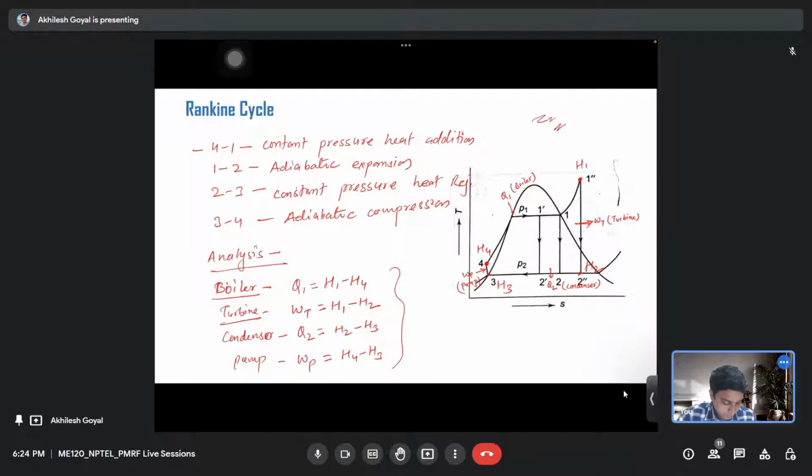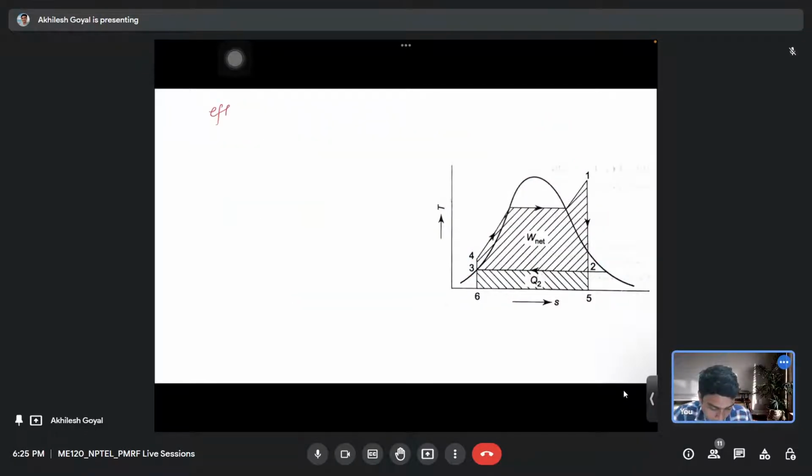Now if we calculate the efficiency of this system, efficiency is equal to net output W net divided by total heat input, that is Q1. And again we can write W net is WT minus WP, divided by Q1.